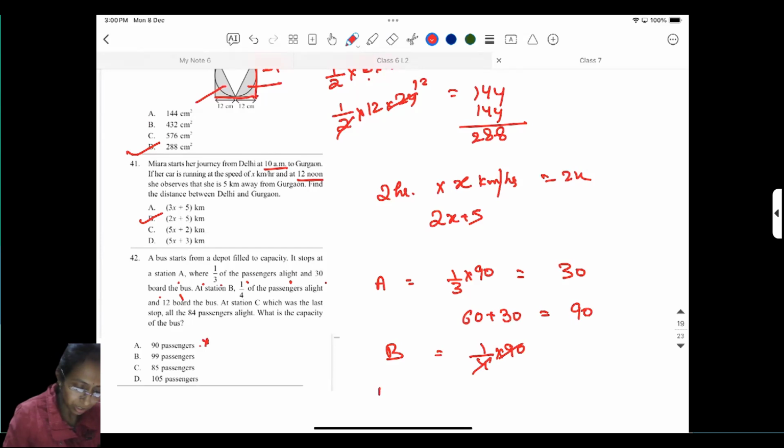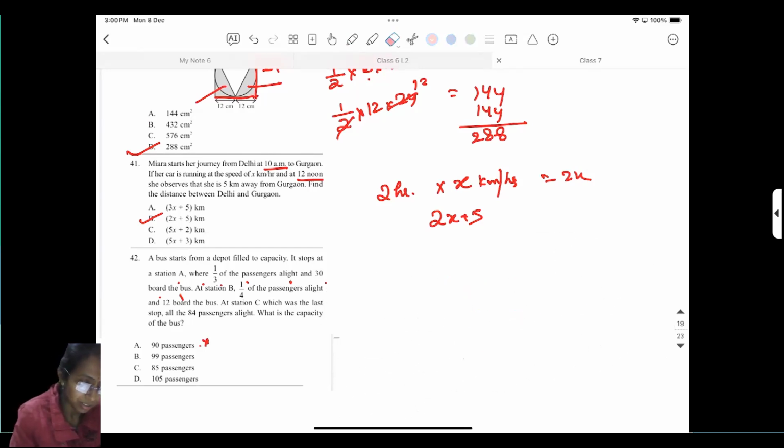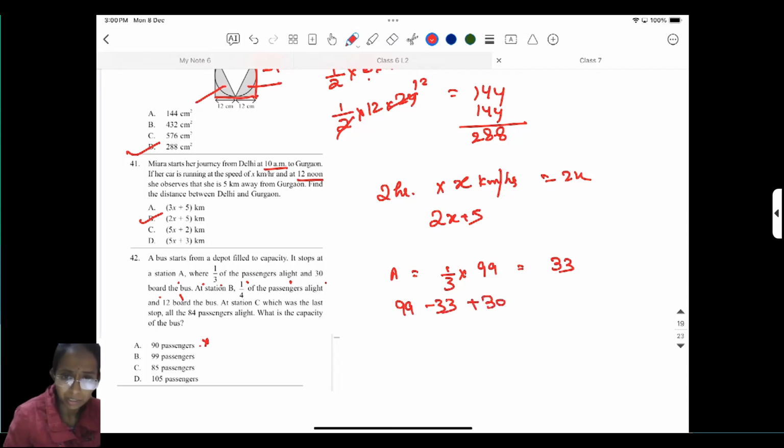Now taking the second case, when the total capacity of the bus is 99. At station A, 1/3 of 99 alight, that means 33 alight. So 99 minus 33, and plus again 30 boarded. So this is 66 plus 30, that means 96.